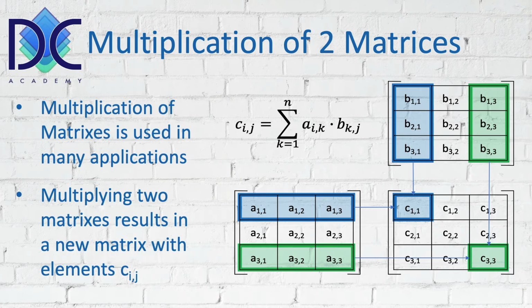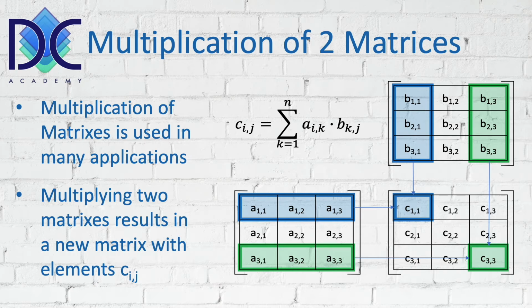And what we first do is that we take the elements of the first row and we multiply them with the elements of the first column and add them. So basically C11 is, when we look at the formula, A11 times B11 plus A12 times B21 and A13 times B31.